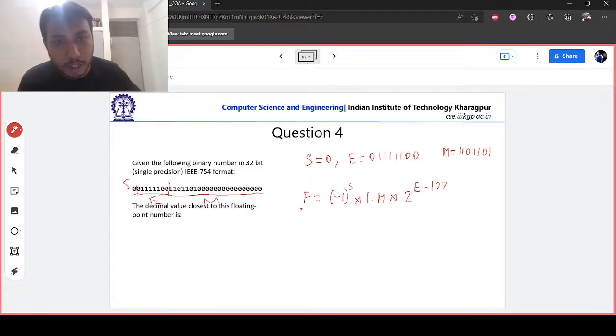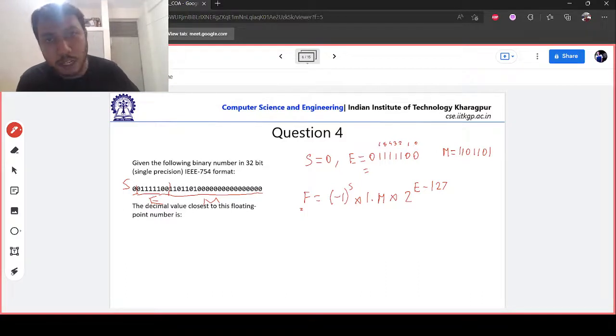So what is the value of e now? If we calculate the value of e, it will be 0, 1, 2, 3, 4, 5, 6.